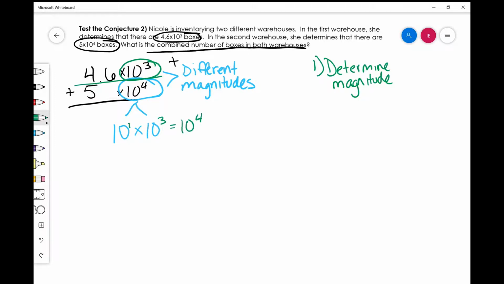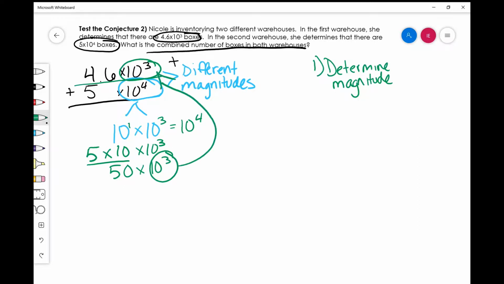That means that I can rewrite my expression for my second number as 5 times 10 times 10 to the third power. I can simplify this out, so now I have 50 times 10 to the third power as my second value. Now that I have 10 to the third, I have the same magnitude as my original number. Now that I have the same magnitude, what can we do?